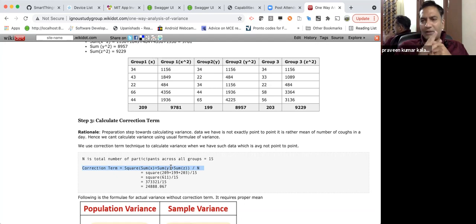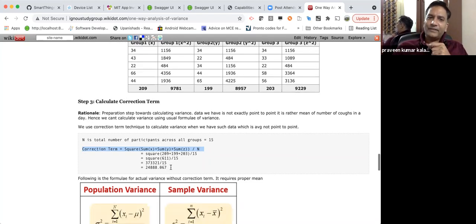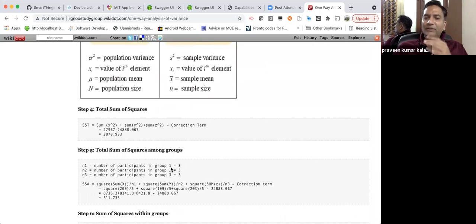There are 3 formulas, not more, and all 3 revolve around sum of squares and squares of some kind. It is not very difficult to remember, but you just have to practice so that it really sticks in your brain.